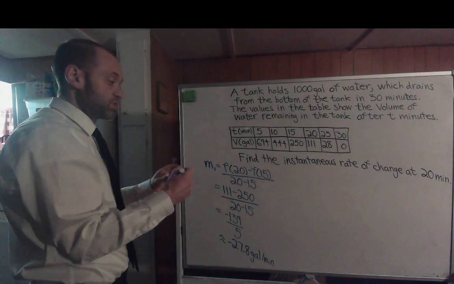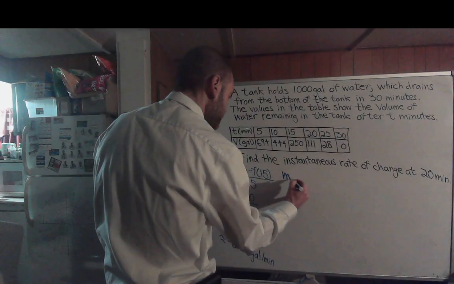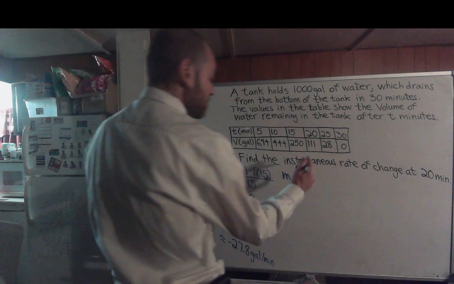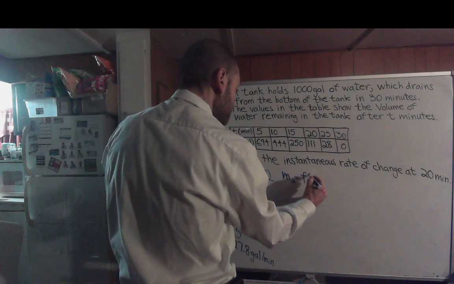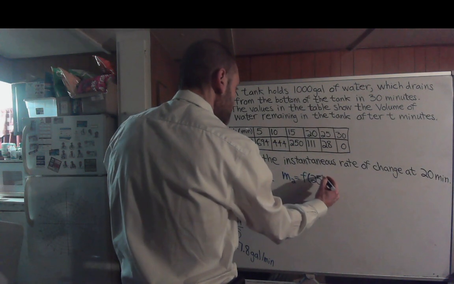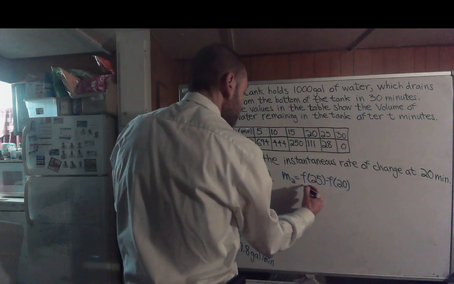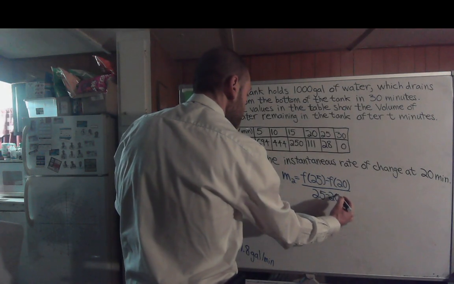This time we'll go to the right. That would definitely be time t equals 25. So from 20 to 25, that's going to be f of 25 minus f of 20 divided by 25 minus 20.